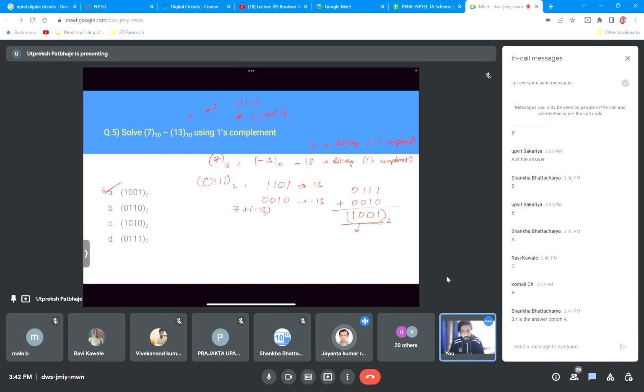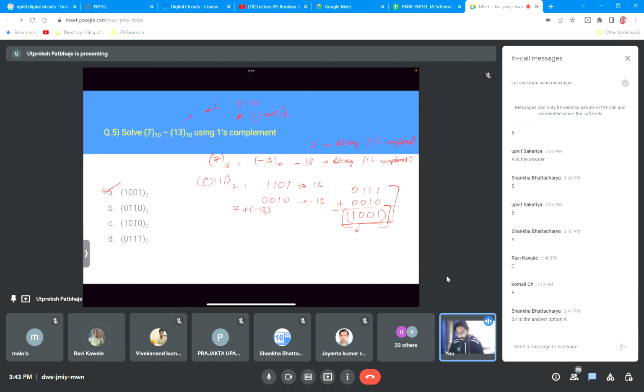This is just to check if the number of bits are less. If the number of bits are more, whatever number you get after this operation will be the answer in case of this one's complement. You got it?